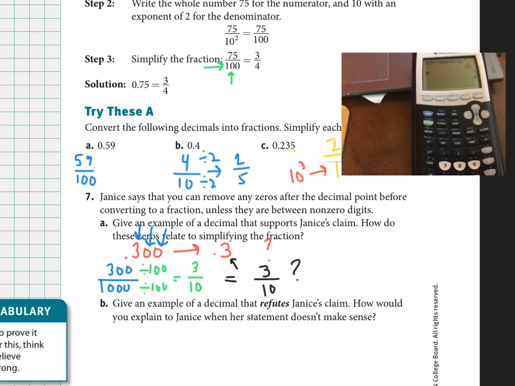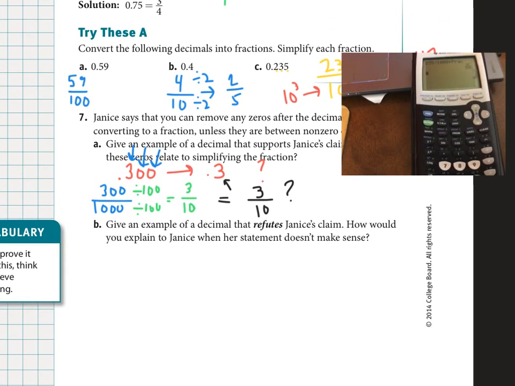So can we always remove any zeros after the decimal point, even if they're between non-zero digits? Can we do that? Let's see. What if we said something like this, and let's put a 0 there. Can I remove those? Is that the same as what Janice said? Well, let's just remove the zeros and make it 0.3. Is that the same?